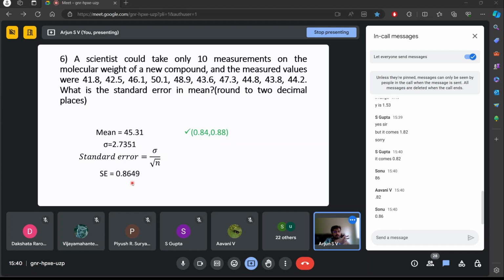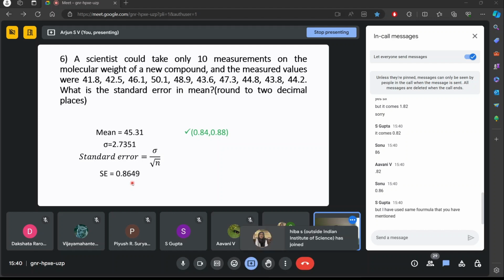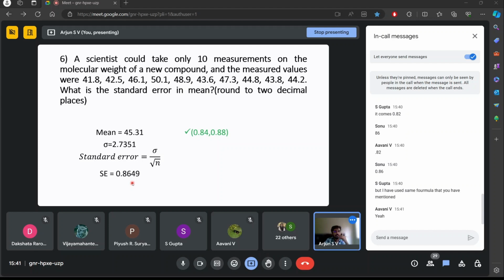Avani and Gupta, okay. Did you double check or cross check with any other thing, calculator or Excel or anything else? Maybe there was a typing mistake. I have done it via Python.